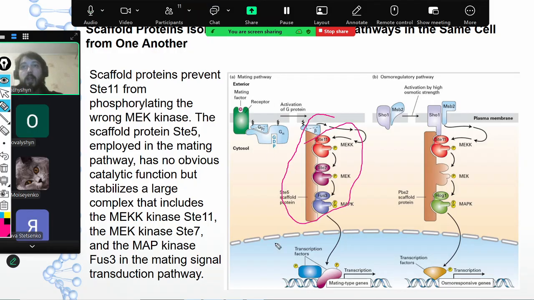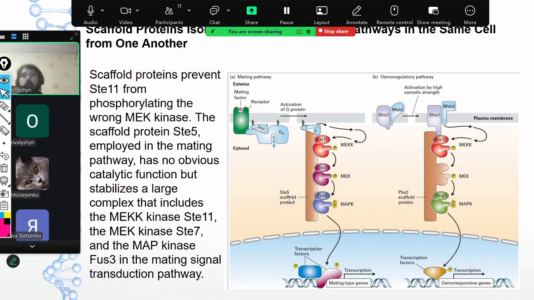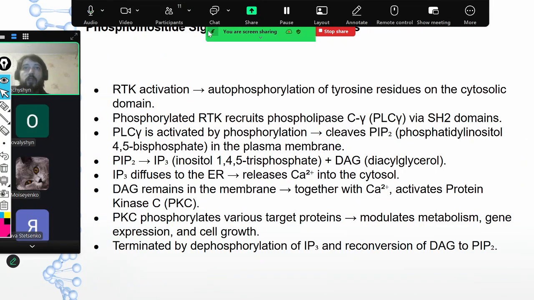You can create this sort of signal transduction pathway by localizing all your proteins in the pathway with the help of scaffolding proteins like STE5, and that basically helps you to differentiate between different signals, because some proteins are the same in both pathways and you don't want them to cross-interact and activate, let's say, the mating pathway when we need to regulate some osmotic things. So that's one way to get around that situation.